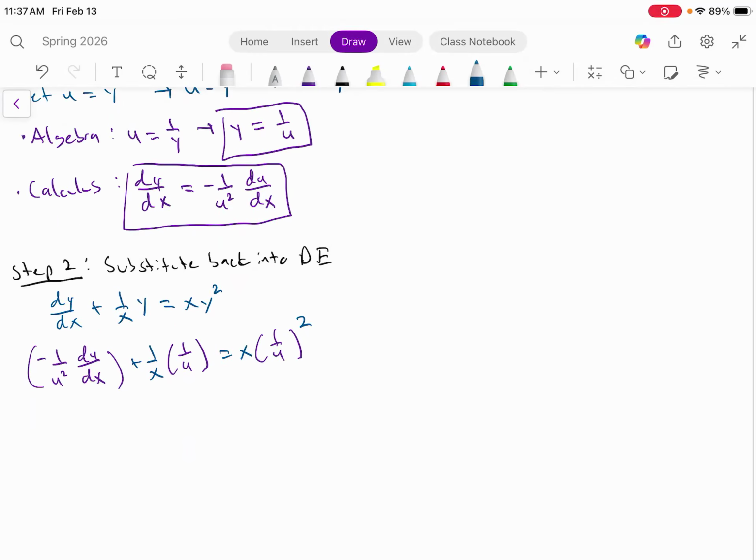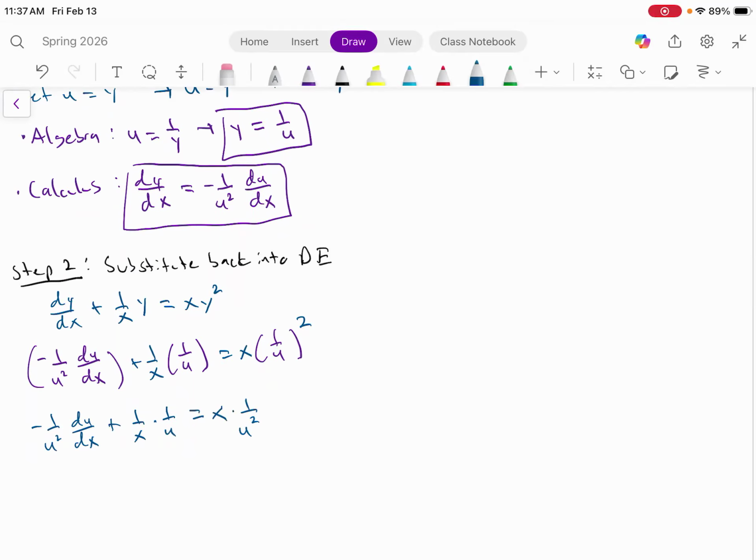So let's clean this up a bit. Let's take away the parentheses. Let's square that 1 over u. And what we end up with is negative 1 over u squared du over dx plus, I'm going to keep these separate still, 1 over x times 1 over u equals x times 1 over u squared.